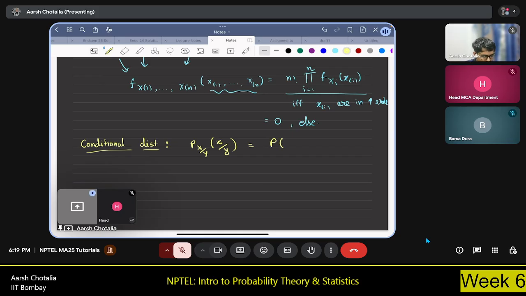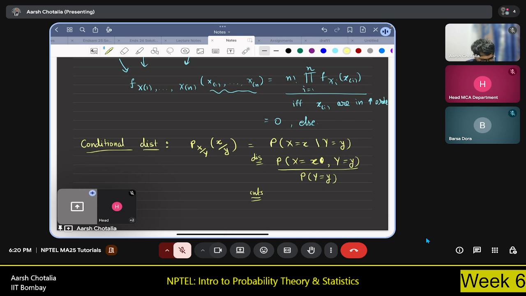So we can write that X is equal to x given that Y is equal to y. So this we can write just like events, X is equal to x and Y is equal to y, normalized by the probability that Y is equal to y. Okay. And this is for discrete.